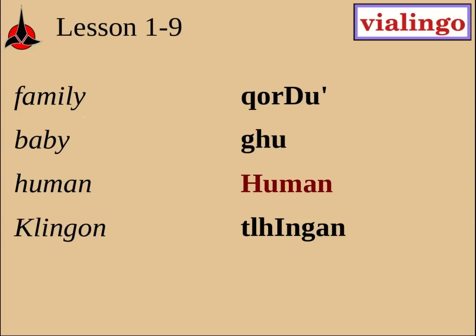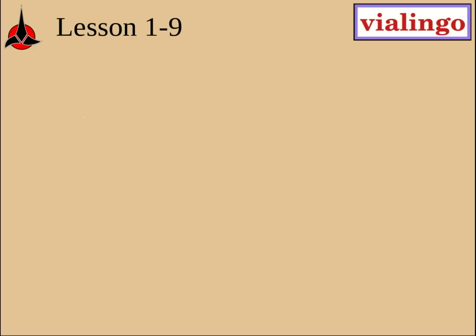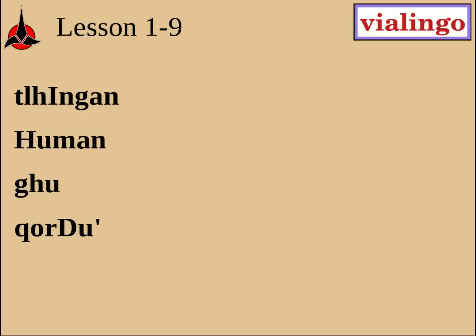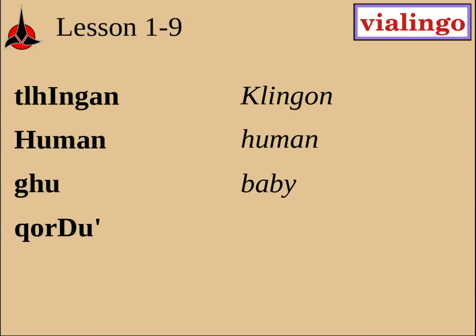Human is tlhuman. Klingon is tlhIngan. What is the English for tlhIngan? Klingon. For tlhuman? Human. For ru? Baby.